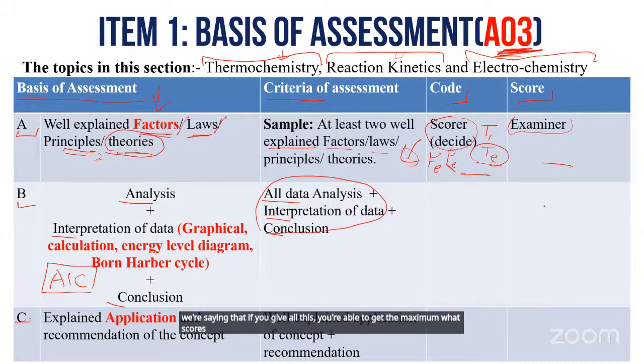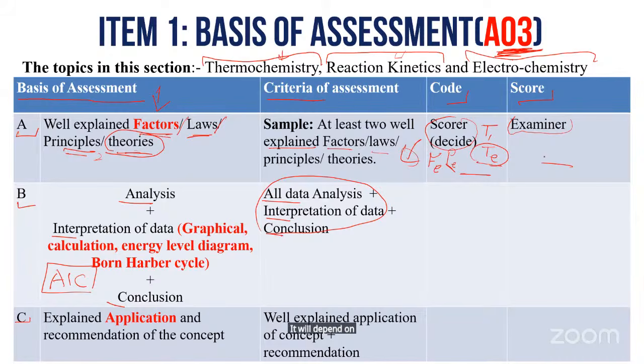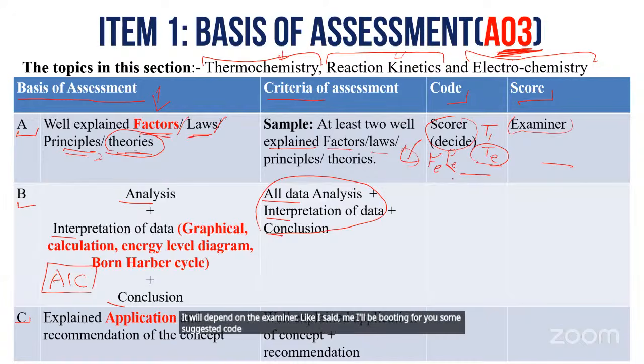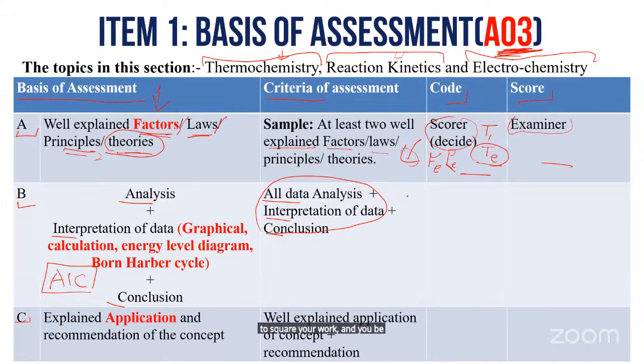Which code can you put here? It will depend on the examiner. Like I said, I'll be putting for you some suggested codes, but those who are scoring you will be able to put a code. A code is put so that it is easy for the scholar to score your work, and you be very uniform. So those codes can be decided when they are scoring your paper.